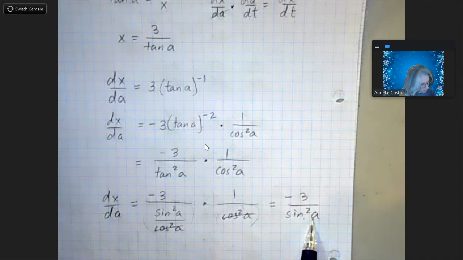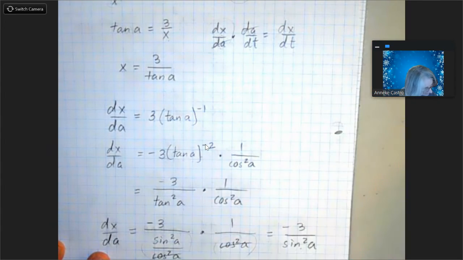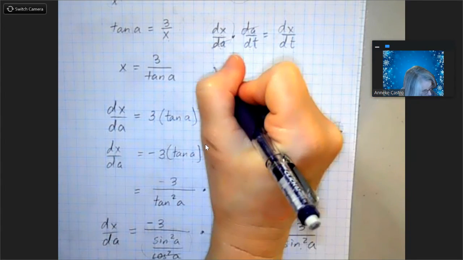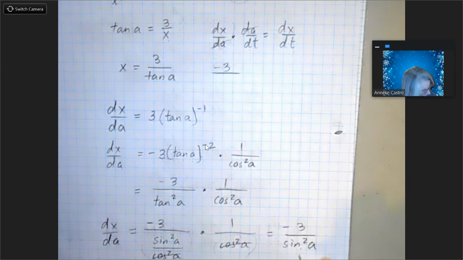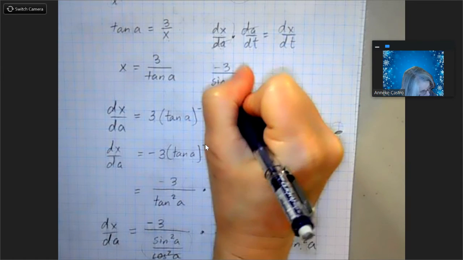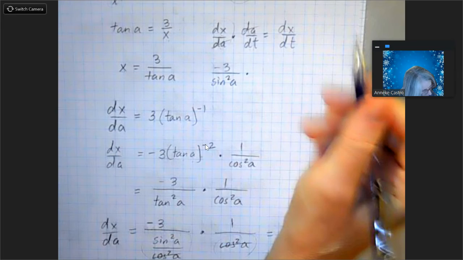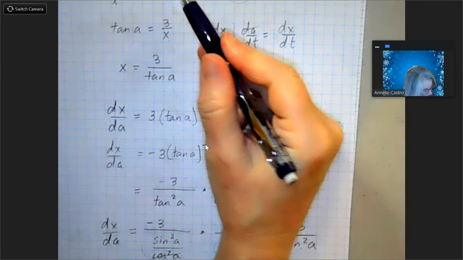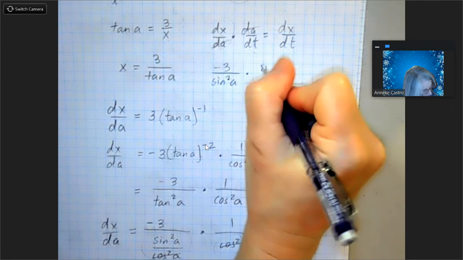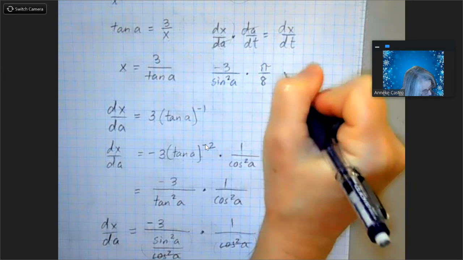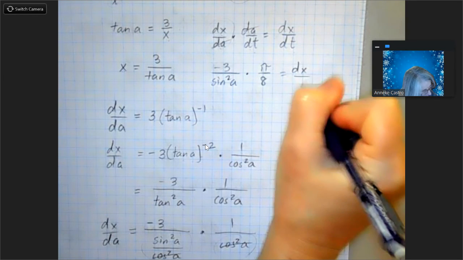So now, if we go back up to here, my dx dA is going to be -3 over sine squared A. And I'm going to multiply that by my dA dt, which I was given as pi over 8. So that's going to be my dx dt.